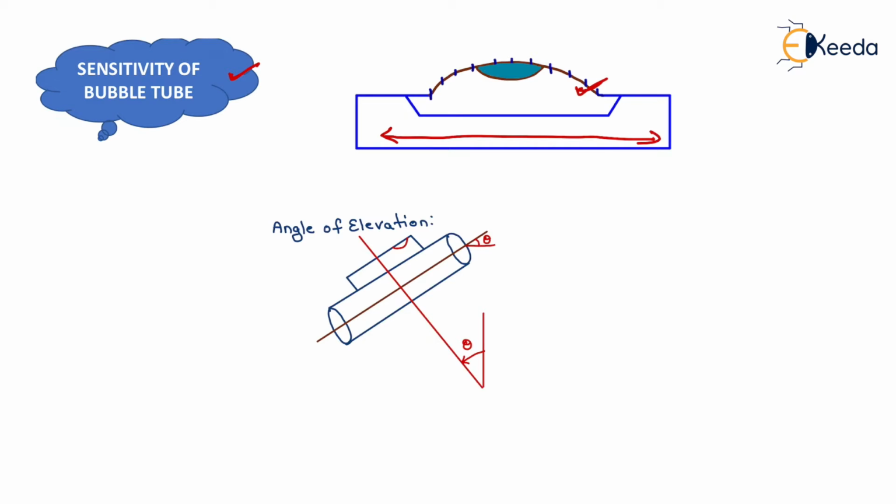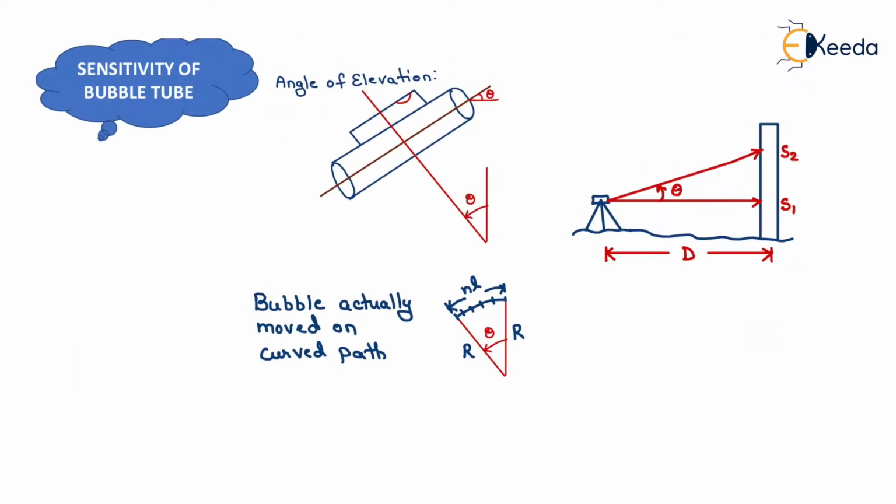Now if we just raise the level tube by an amount theta, that is this, then the bubble will move like this. Okay.